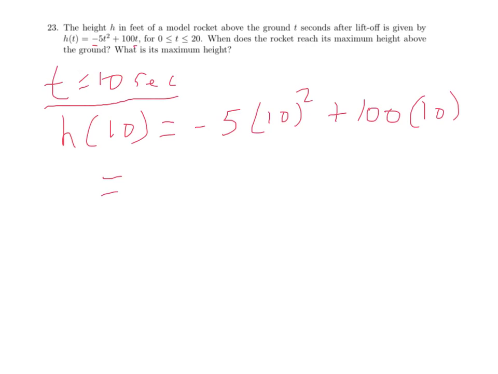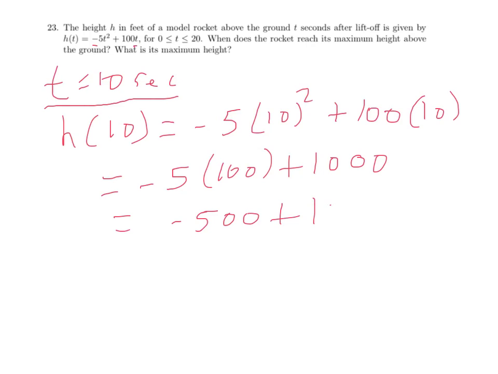We go ahead and do all that, and we get negative 5 times 100 plus 1000. So we end up with negative 500 plus 1000.